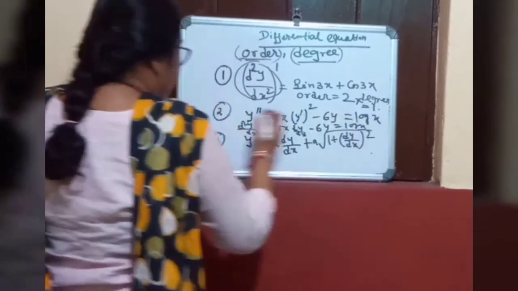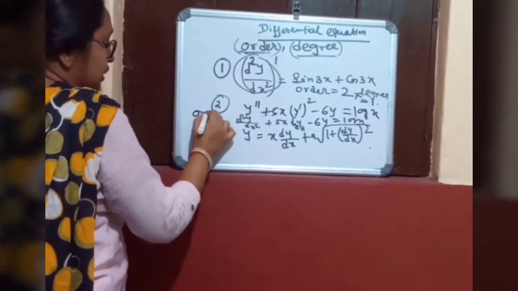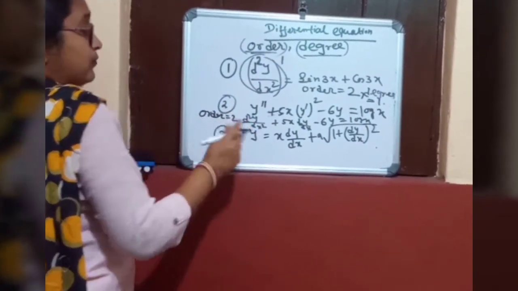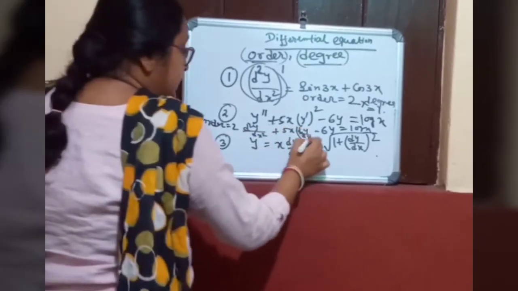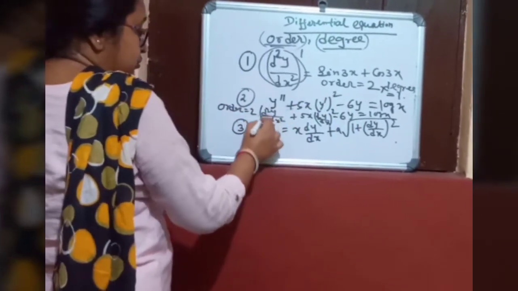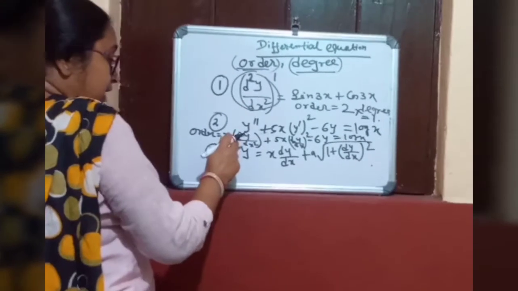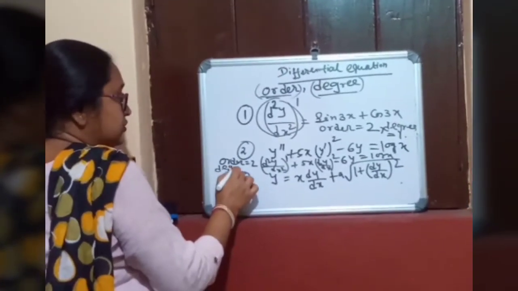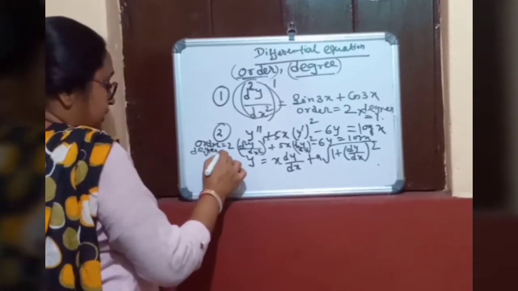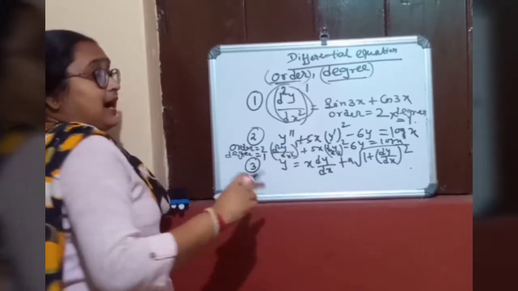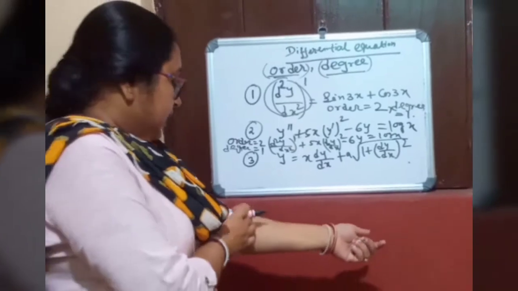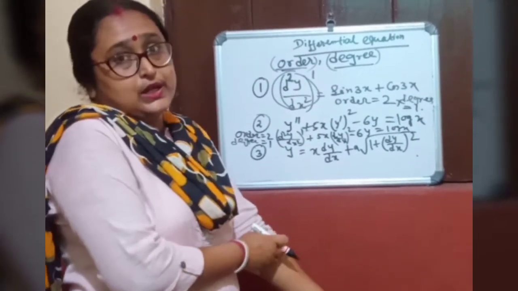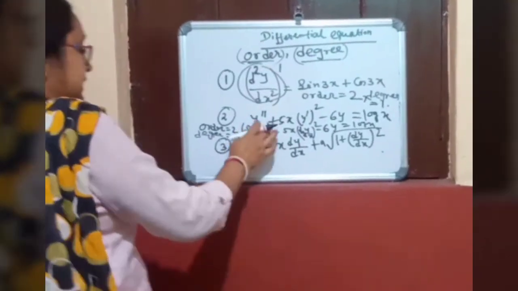And what is the degree? The highest order is 2 and its power is 1, so the degree is 1. The power of the highest order derivative is called the degree.